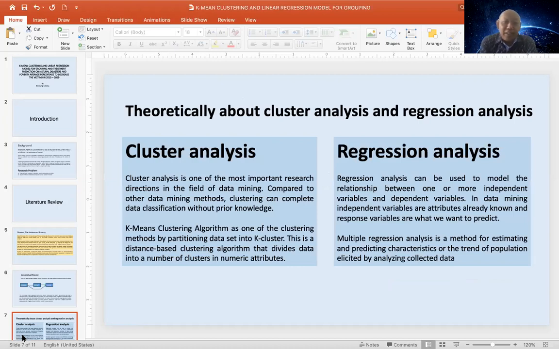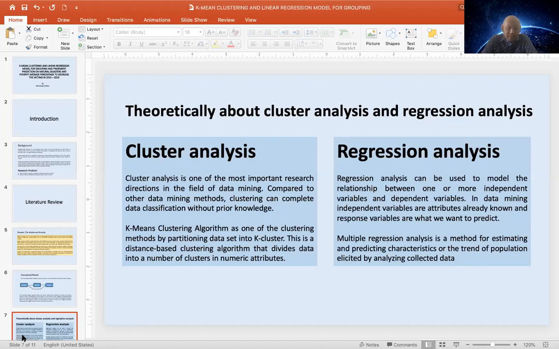Continuing with the theory about cluster analysis and regression analysis. Cluster analysis is one of the most important research directions in the field of data mining. Compared to other data mining methods, clustering can complete data classification without prior knowledge.